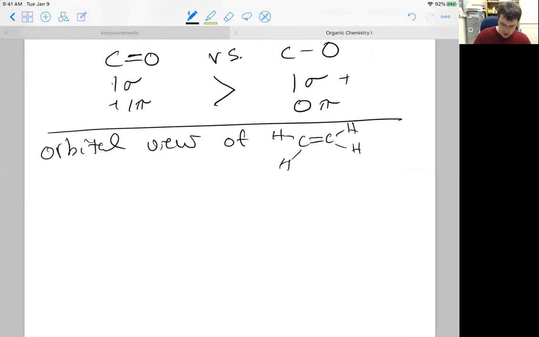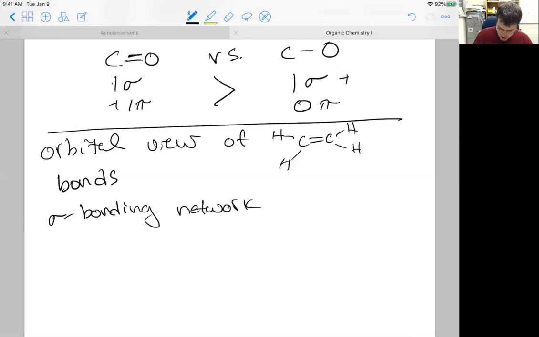What you want to do if you want to break down a molecule in terms of its bonding network is to separate and focus on the sigma bonds separate from the pi bonds. So the sigma bonding network for this particular molecule is just a bunch of head-to-head overlaps between the two C's.